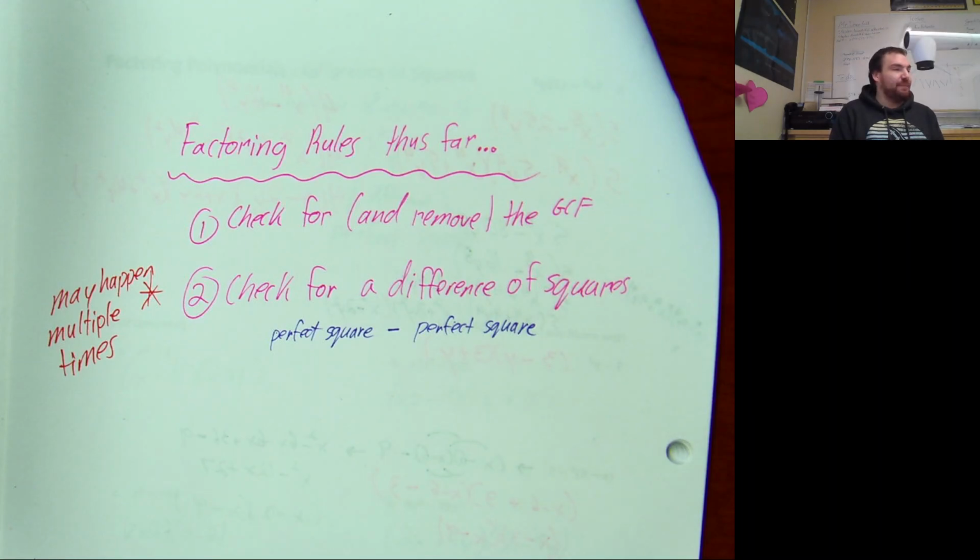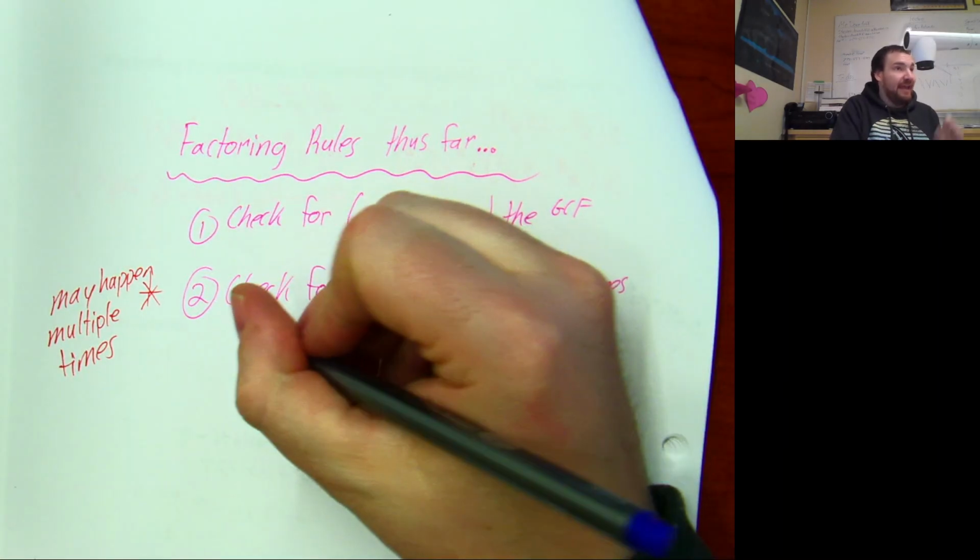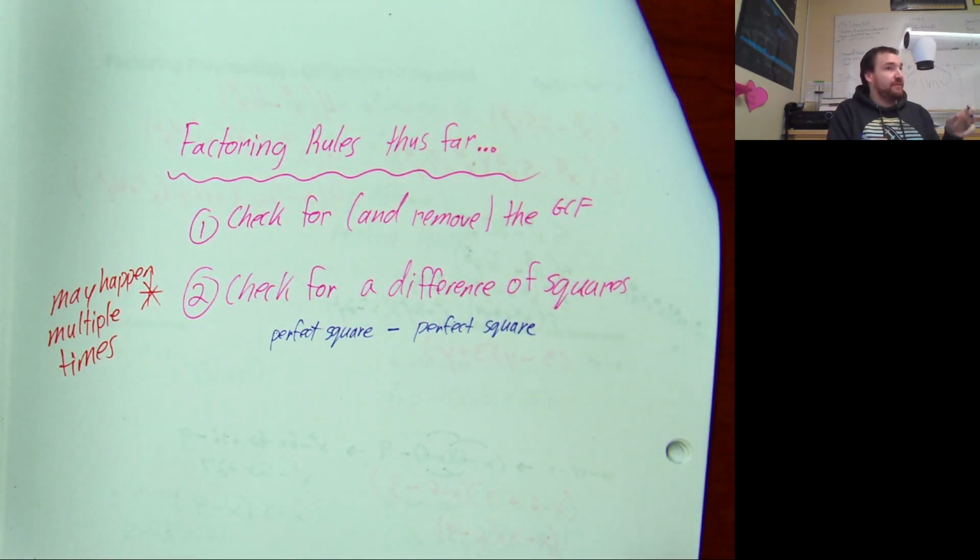Is x to the 6 a perfect square? It's what times what? It's x cubed times x cubed. Is x to the 8 a perfect square? So what kind of exponents are you wanting to look at on the variables? Any even exponent on a variable is going to give you a perfect square.